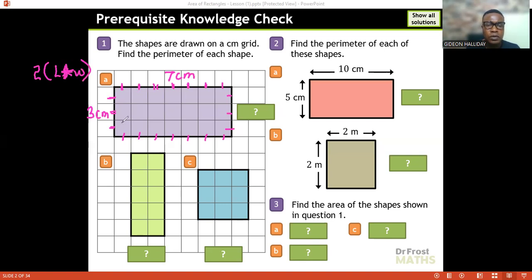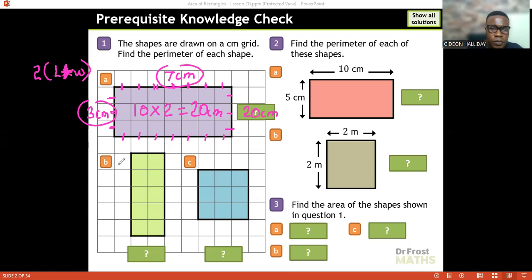So you just add 7 plus 3, and then you multiply by 2. Easy peasy. 7 plus 3 is 10, and 10 times 2 is 20. Good. So A is 20 centimeters.